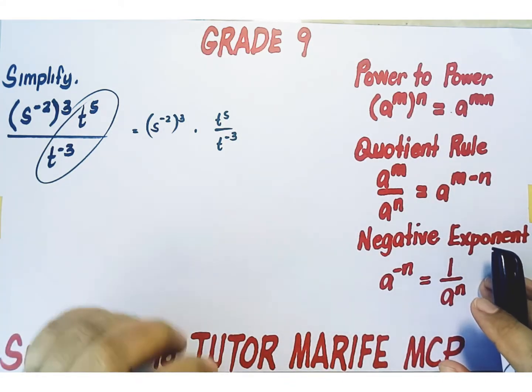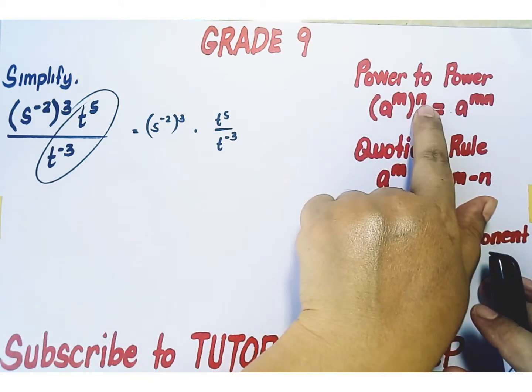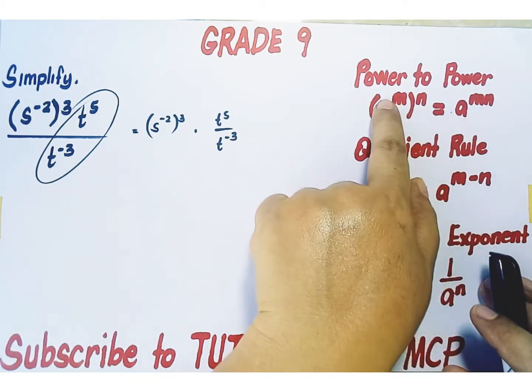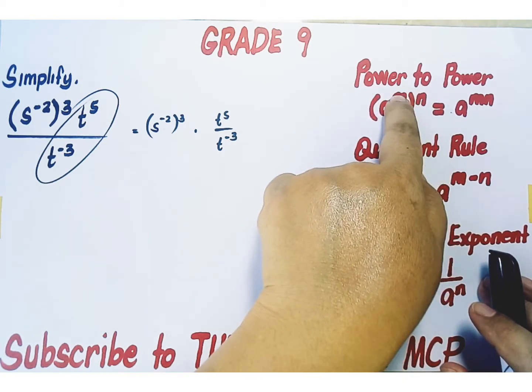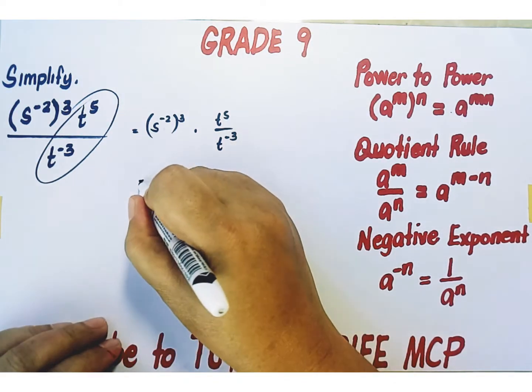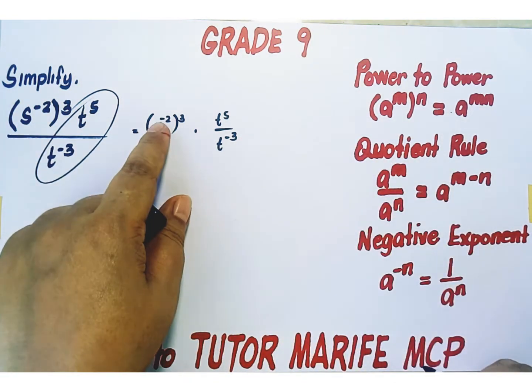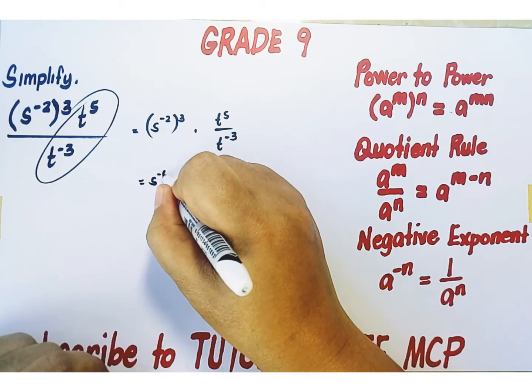For this part, let's apply the power to power rule. Once again, the power to power rule tells us that to raise a power to another power, we keep the same base and combine the exponents into 1 by multiplying them together. Okay? So we keep s and multiply the exponents. Negative 2 times 3 is equal to negative 6.